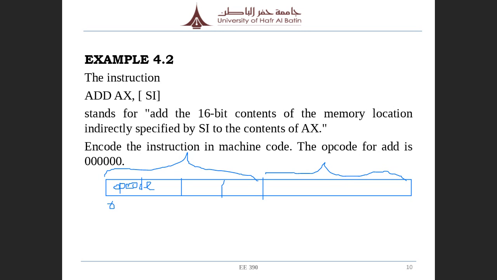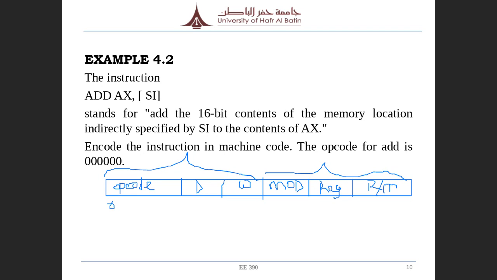Then we have D, and then we have W. Now here we have three fields: one is for MOD, one is for REG, and one is for register or memory. Register or memory. All right.